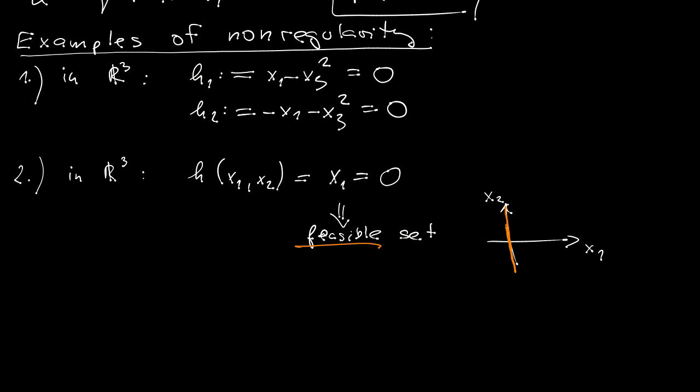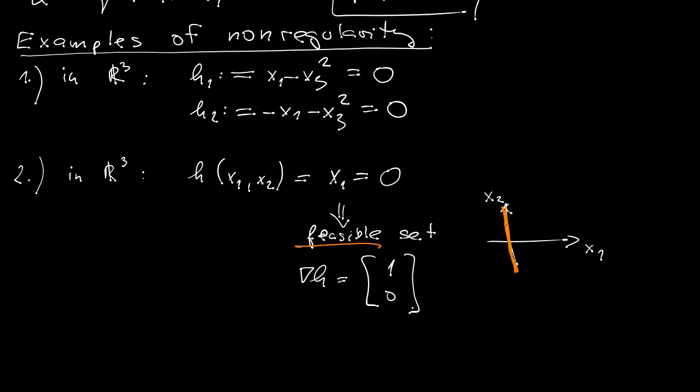So it's the whole x2 axis, right? Now the gradient of h is equal to (1, 0), constant everywhere, so certainly also on the x2 axis.